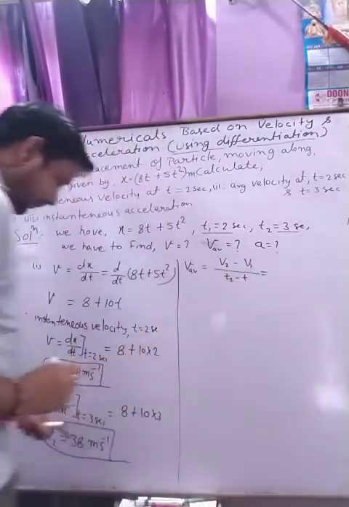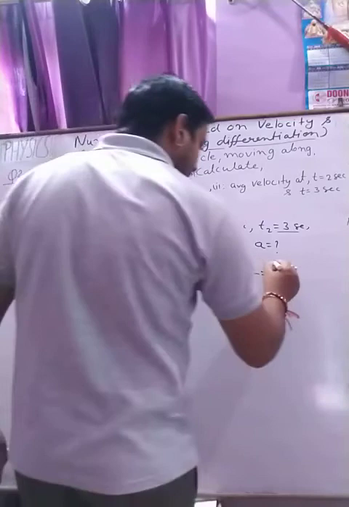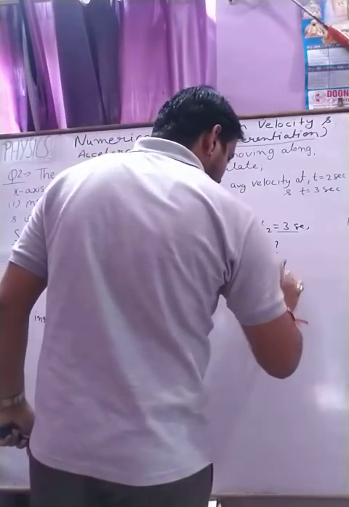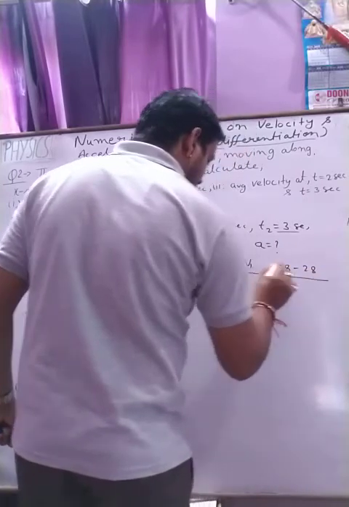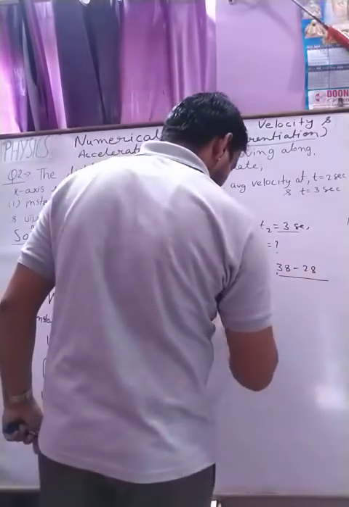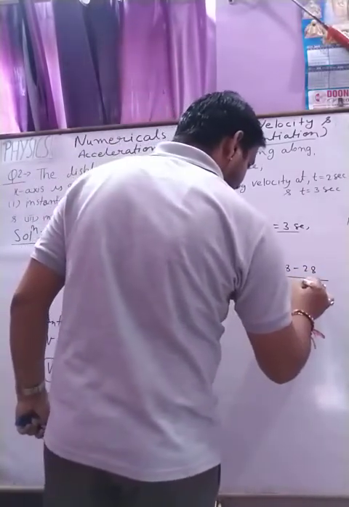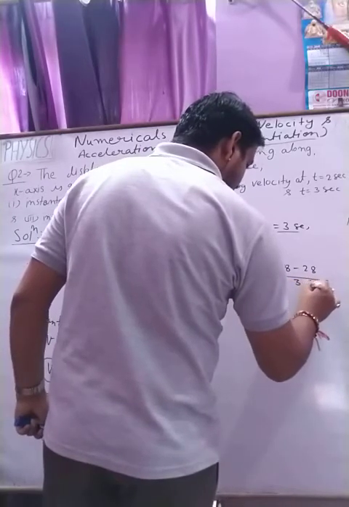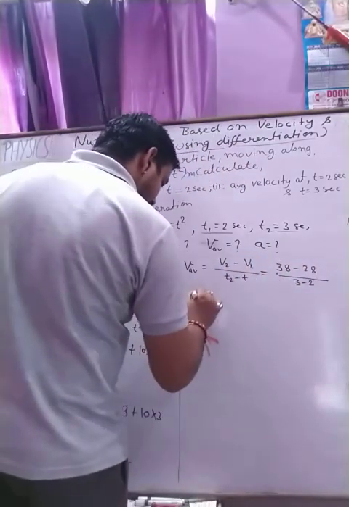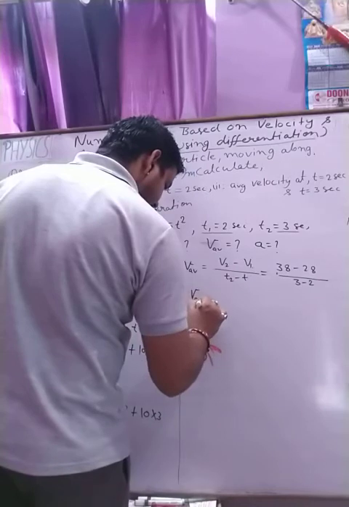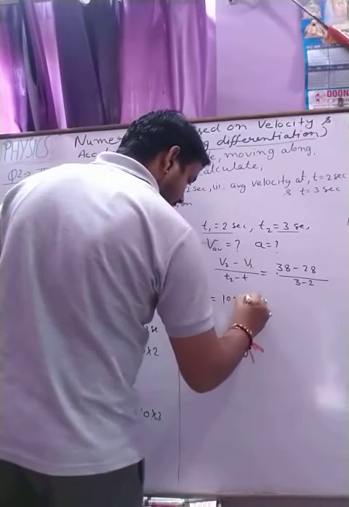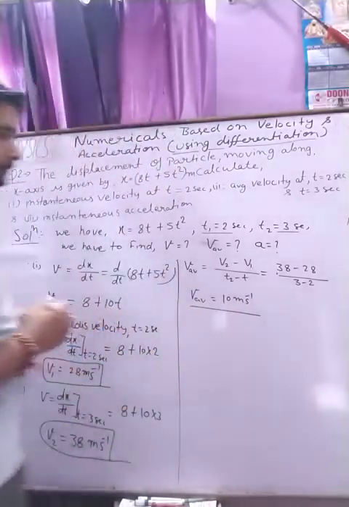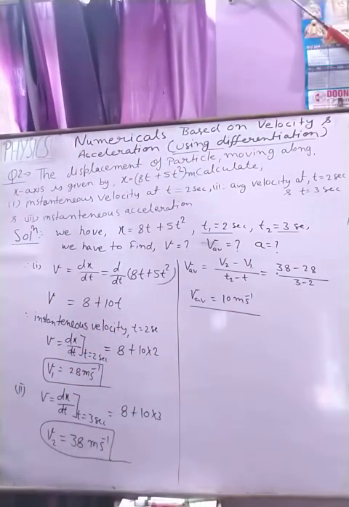So we have 38 minus 28 upon time is 3 minus 2, that we get average velocity is 10 meter per second.